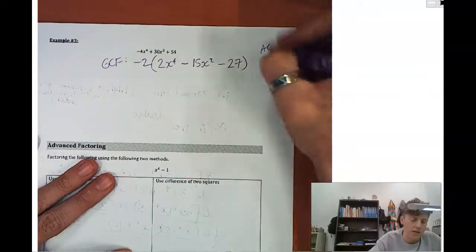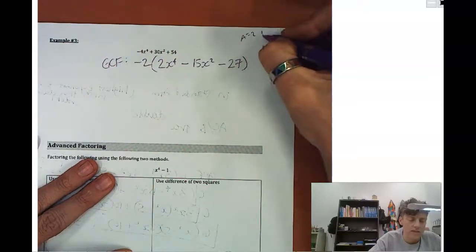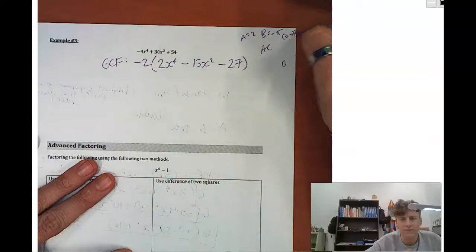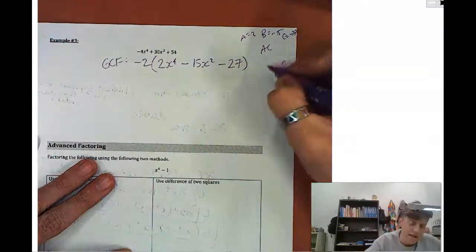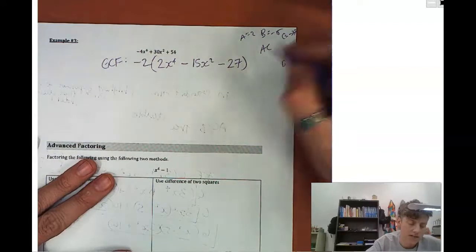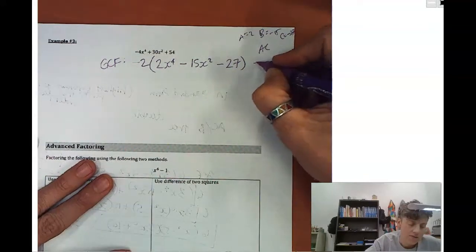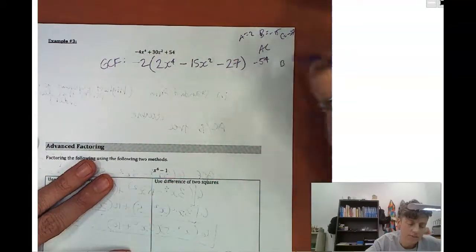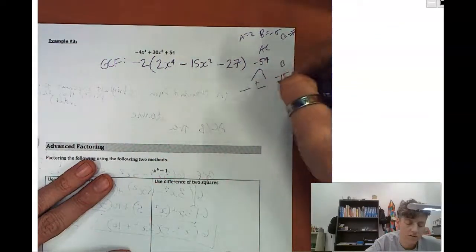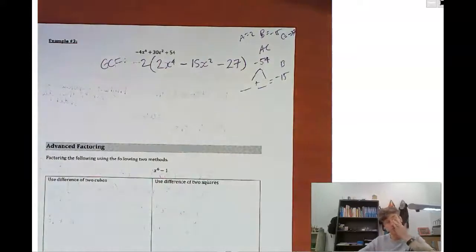A is 2, B is negative 15, C is negative 27. A times C, 2 times negative 27, is negative 54. We're looking for two numbers that multiply to be negative 54 and add to be negative 15.